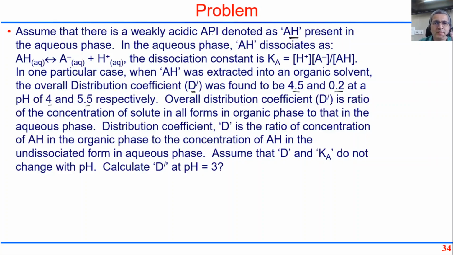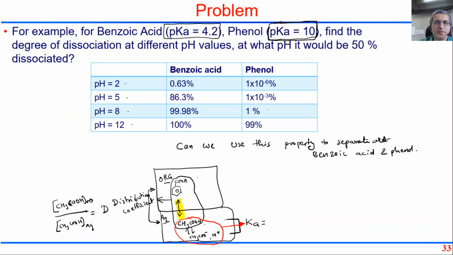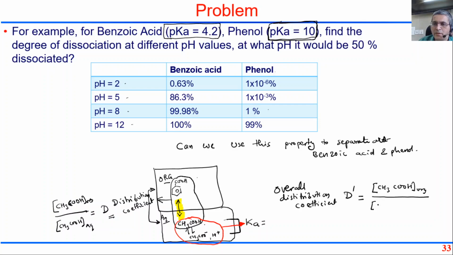Remember, these are some of the definitions. This distribution coefficient we had called D, right? But I can also define the overall distribution coefficient for benzoic acid, D prime, as the concentration of benzoic acid in the organic phase divided by the concentration of undissociated benzoic acid in the aqueous phase plus the concentration of benzoate ion in the aqueous phase.